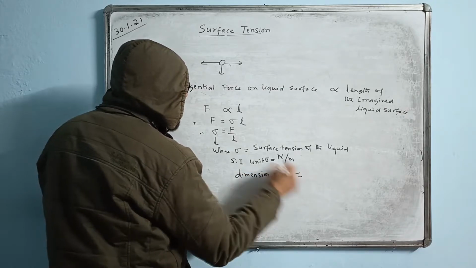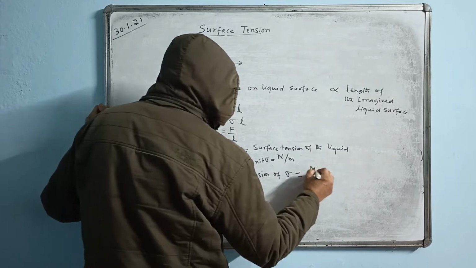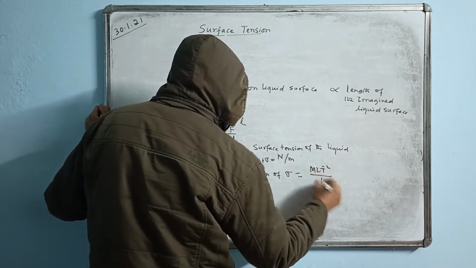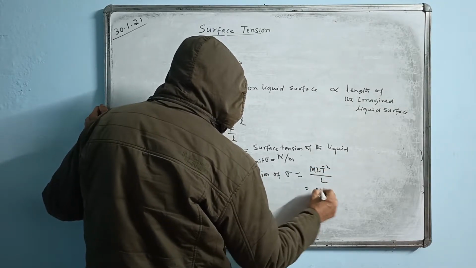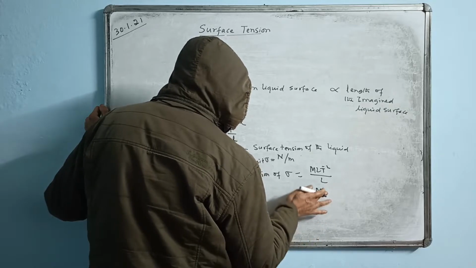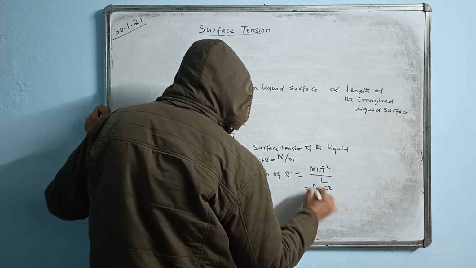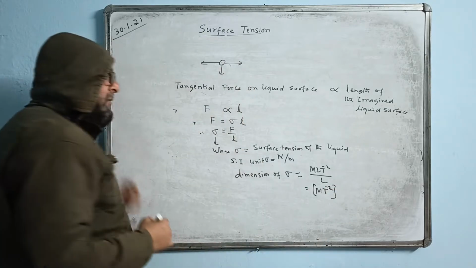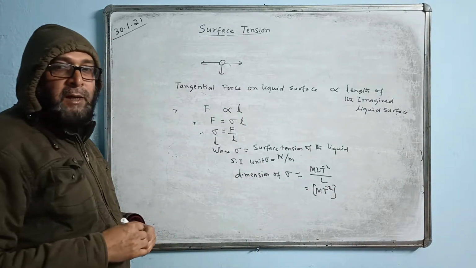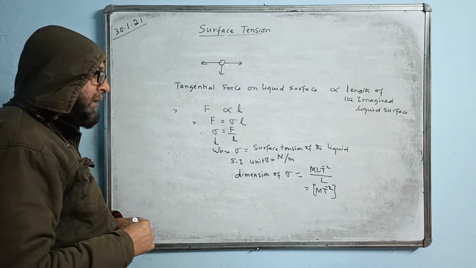Dimension of sigma will be force by length. Dimension of force is MLT minus 2 upon the length. Length cancels, we get MT minus 2. The dimension of surface tension is MT to the power minus 2.